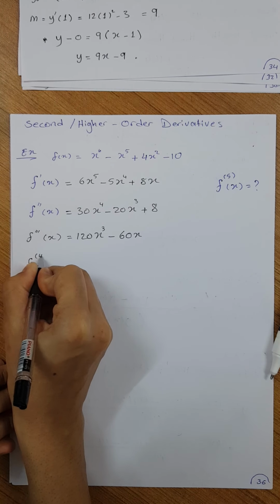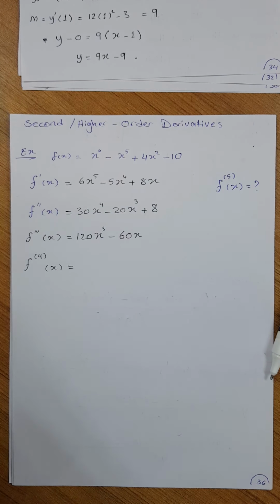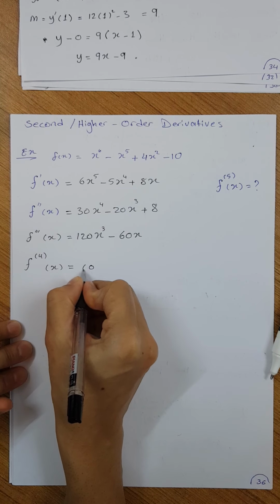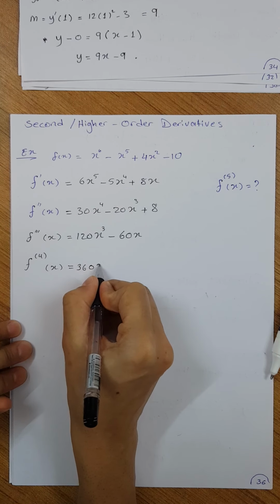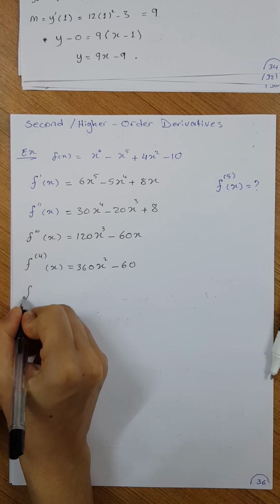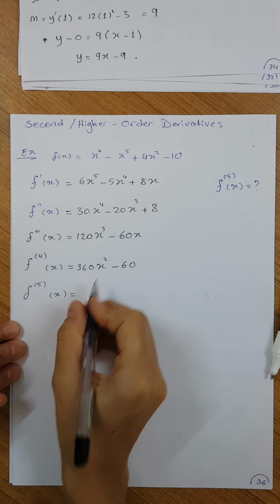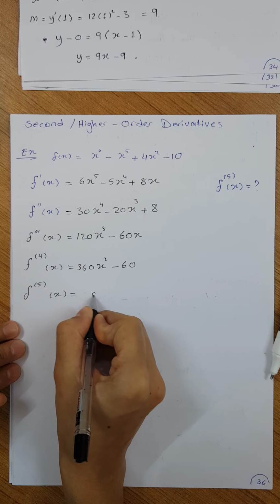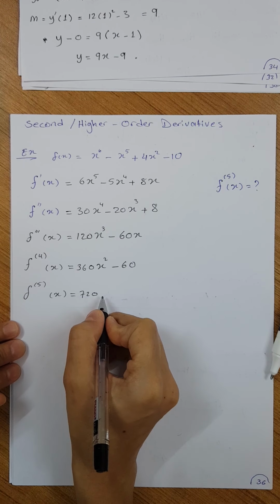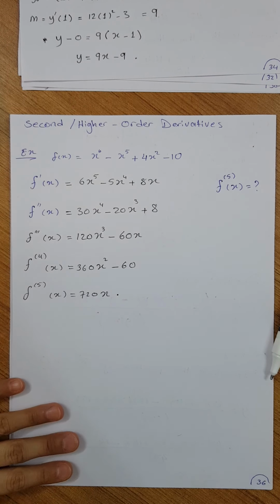The fourth derivative is equal to 3 multiplied by 120, which is 360x squared minus 60. That's the fourth derivative. What's the fifth derivative of the function? We are taking the derivative of the fourth one, so that would be 720x, and that's the fifth derivative of the function.